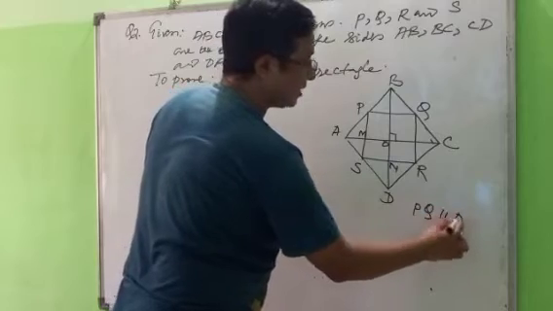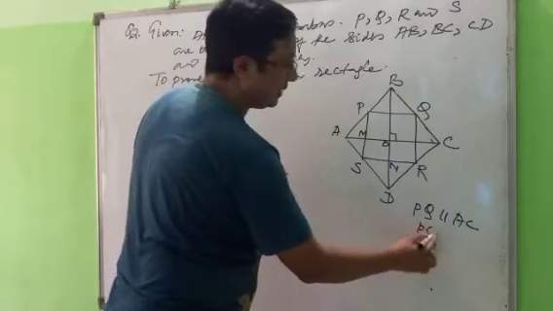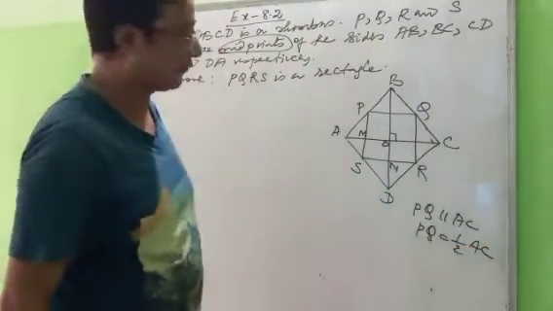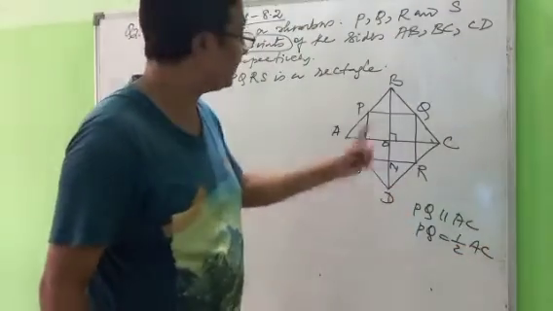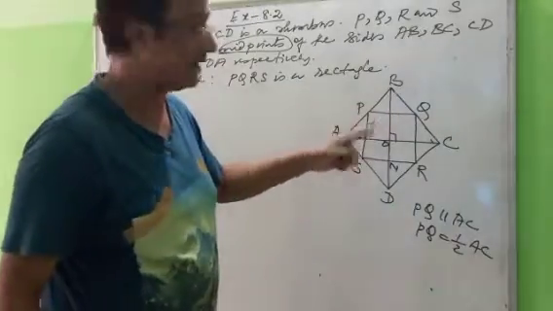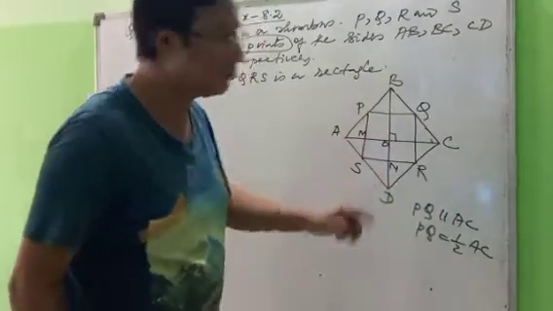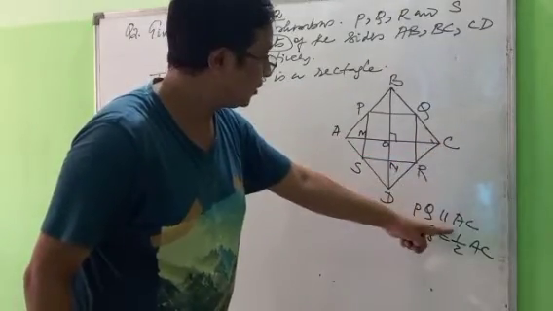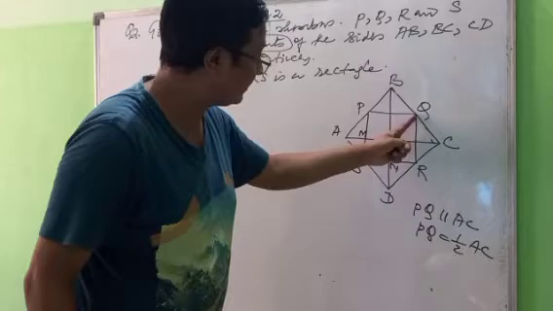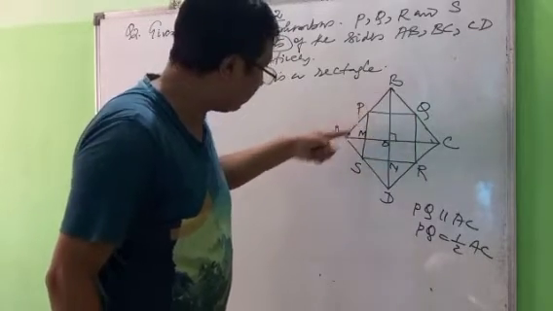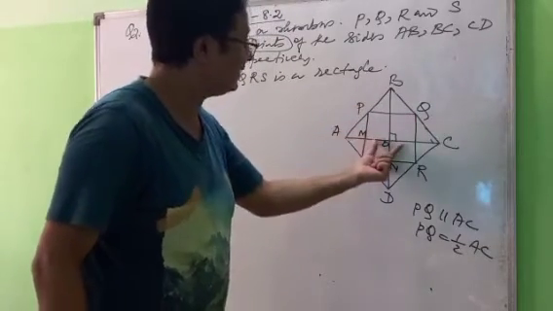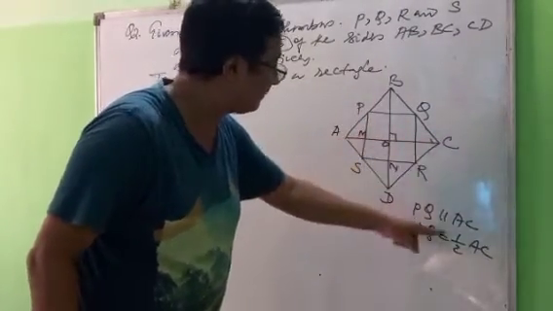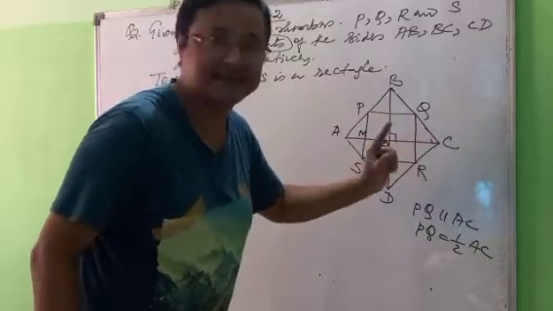So PQ is parallel to AC, and then PQ equals half of AC, because just now you have proved that the line segment joining the midpoints of two sides of a triangle is parallel to the third side. Which is the third side? Here AC is the third side. So these are the two midpoints, they are on the sides AB and BC. So this is the third side, and this is the triangle. So here PQ is parallel to AC and PQ is half of AC.